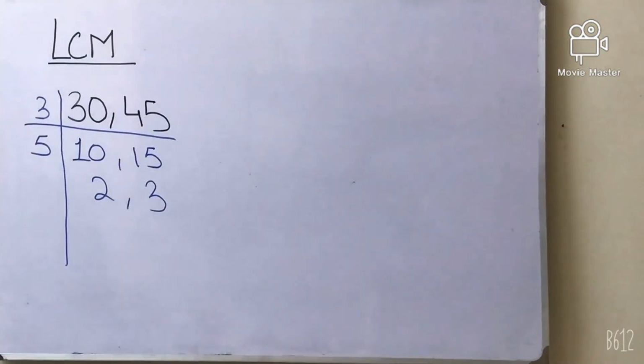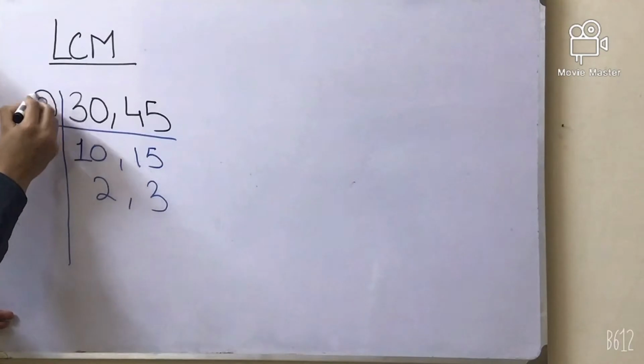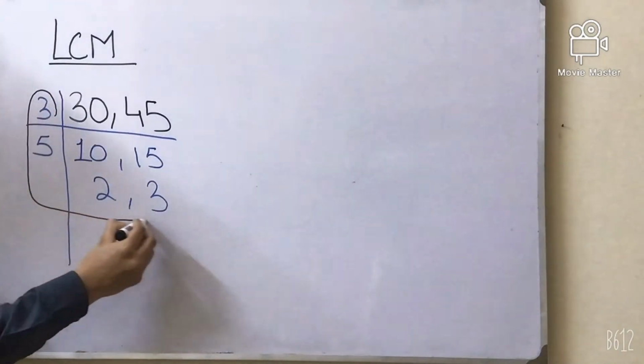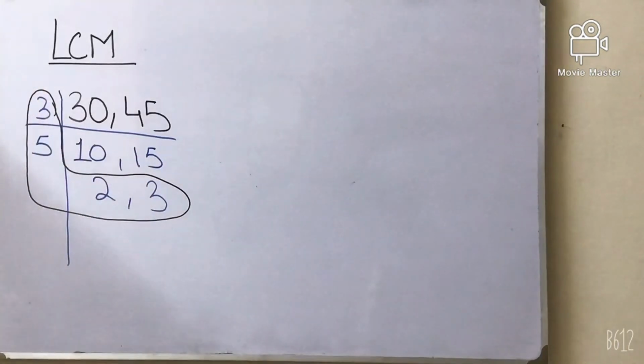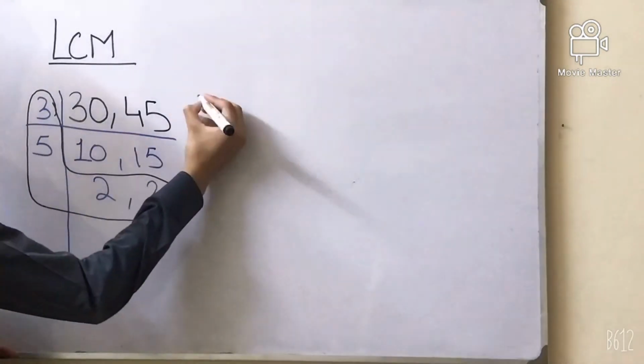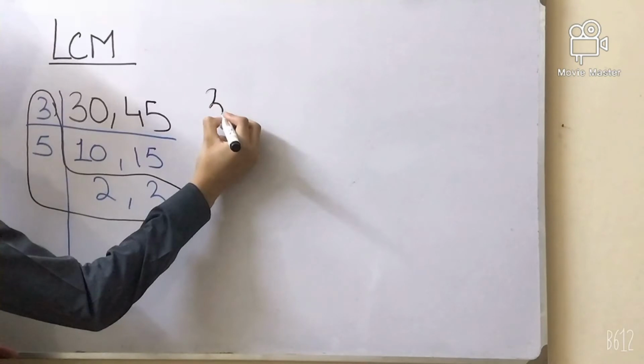So is there any common prime factor of 2 and 3? There is not. So we will stop over here, and then we will multiply these four numbers.